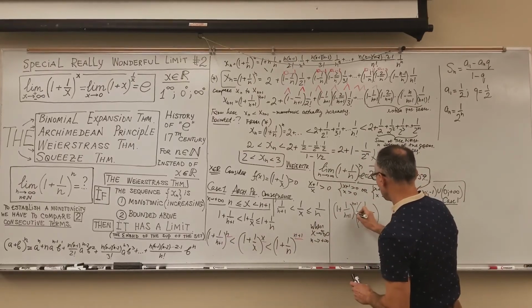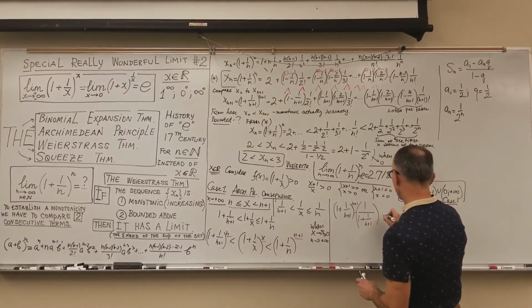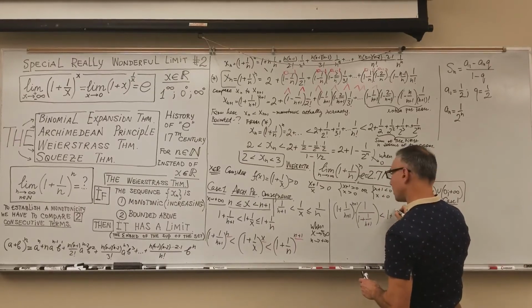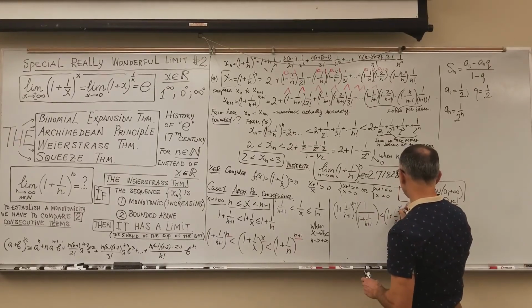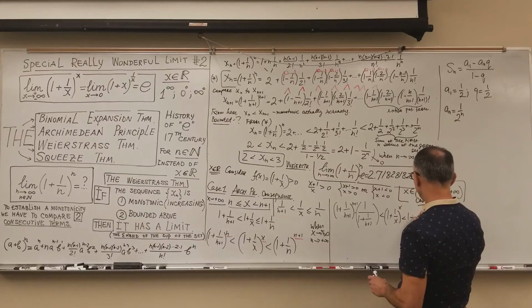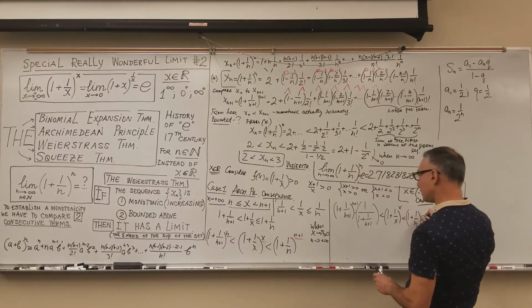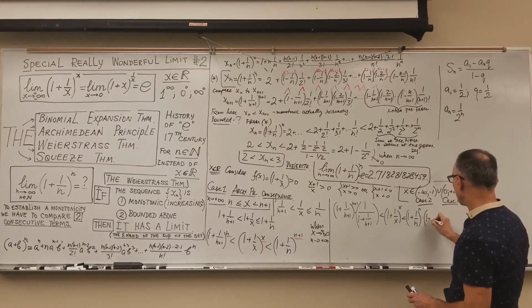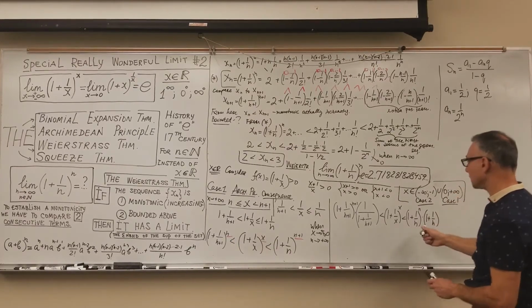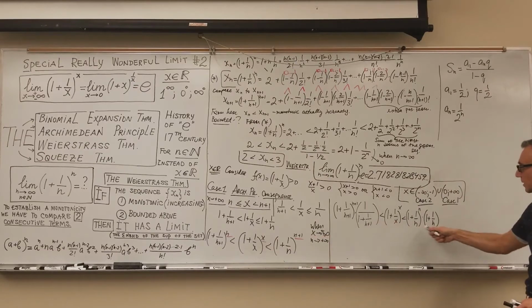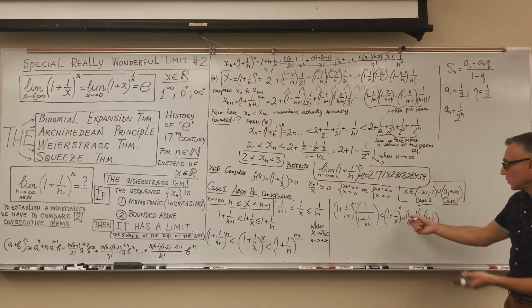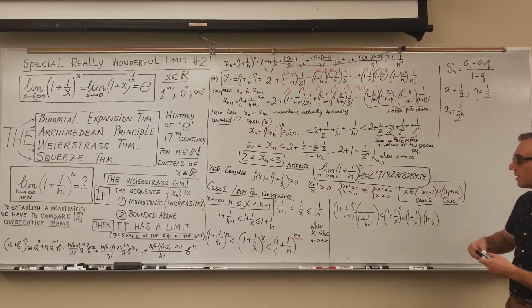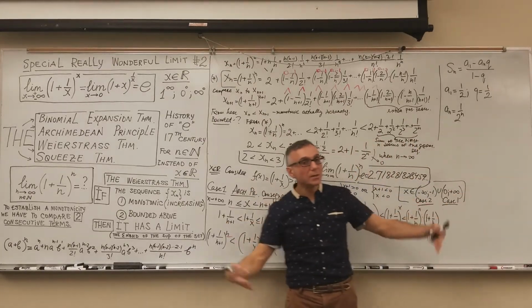So by this, multiplied by this term, it will be less than 1 plus 1 over x, power of x, and less than 1 plus 1 over n, power of n, multiplied by one more term, 1 plus 1 over n. That's the n plus 1. I can rewrite this product.